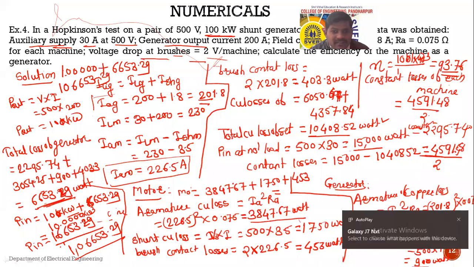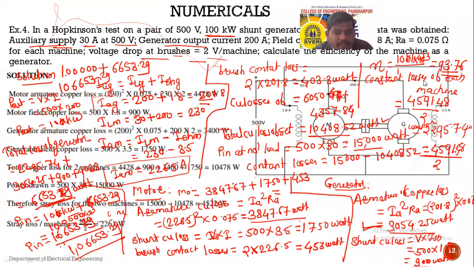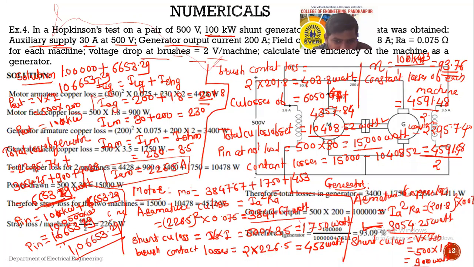Okay, आणि आपण जिथं सी we have changed here. आपण याच्यामध्ये बघा म्हणजे आर्मेचर करंट जो इथं सॉल्व्ह केलेल्या प्रॉब्लेम मध्ये आर्मेचर करंट मोटरचा 1.8 कन्सिडर केलेला आहे, जनरेटरचा 3.5 कन्सिडर केलाय. आपण मोटरचा 3.5 कन्सिडर केला, जनरेटरचा 1.8 कन्सिडर केला. बट देयर इज नो चेंज इन द इफिशियन्सी. सी द इफिशियन्सी 93.09 or here 93.76 ना.